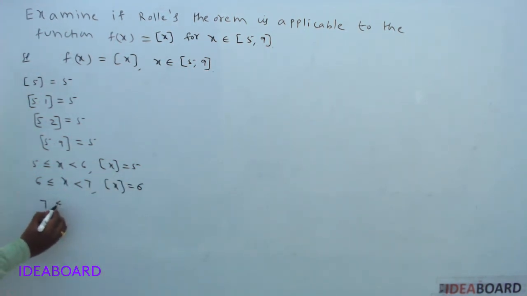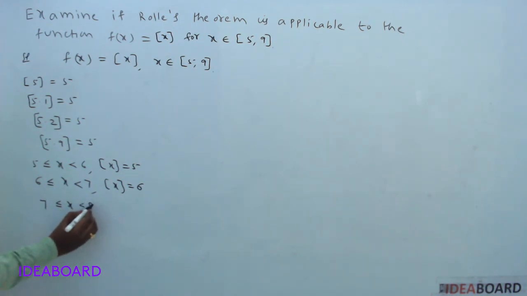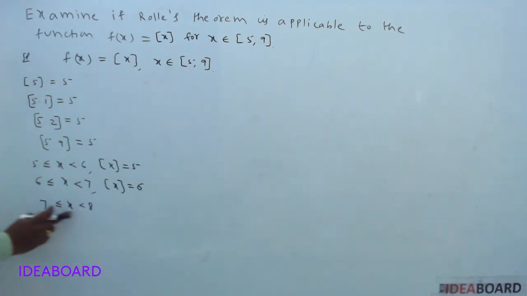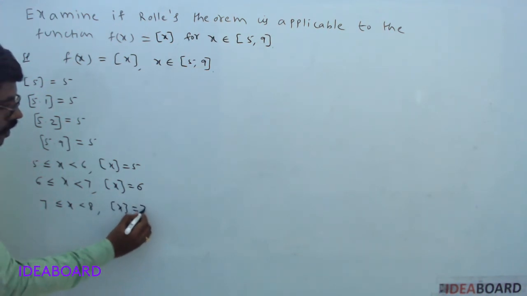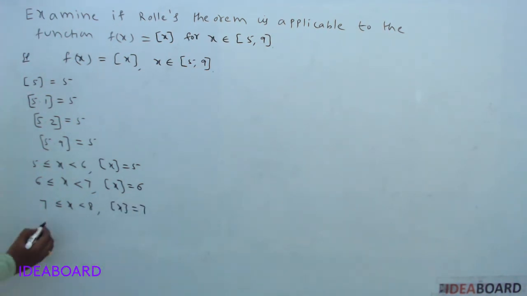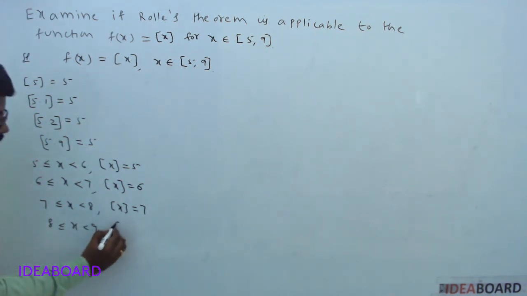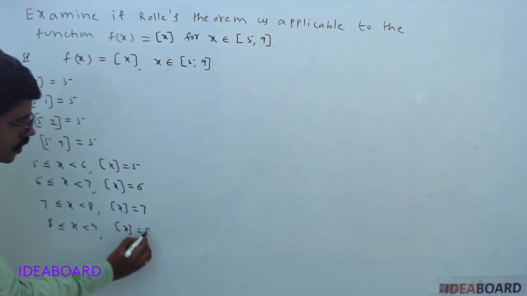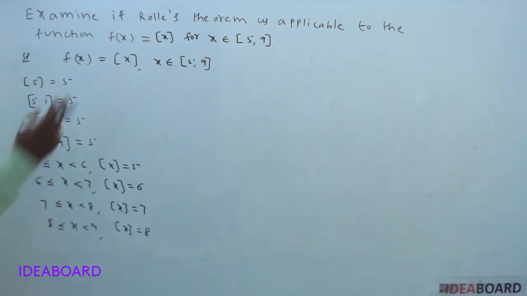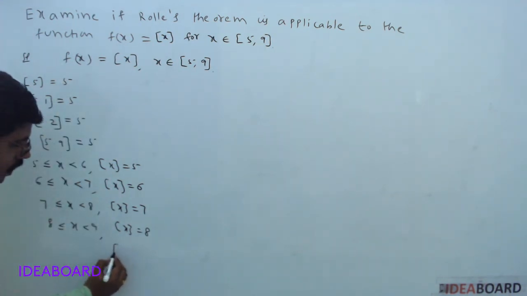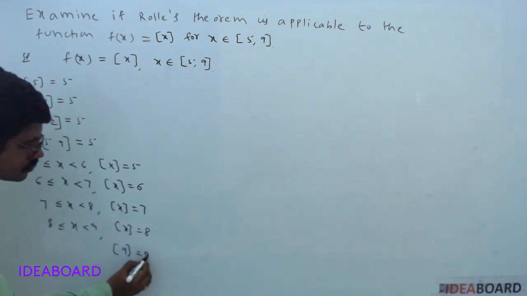Next, from 7 to 8, including 7, excluding 8, step of x value will be 7. Next, from 8 to 9, including 8, excluding 9, corresponding step of x value is 8. Now step of 9 value is 9.